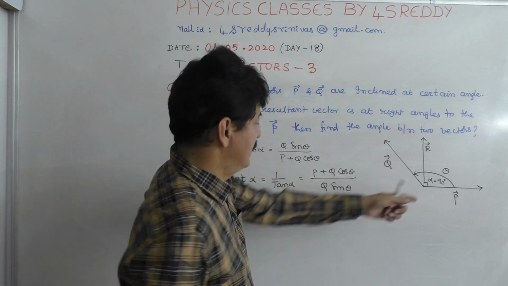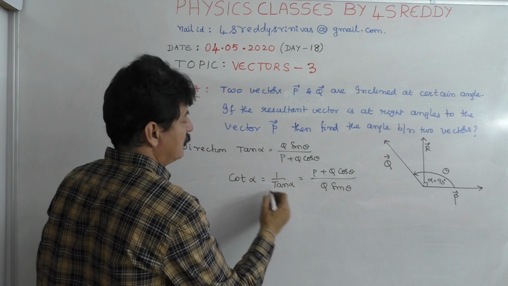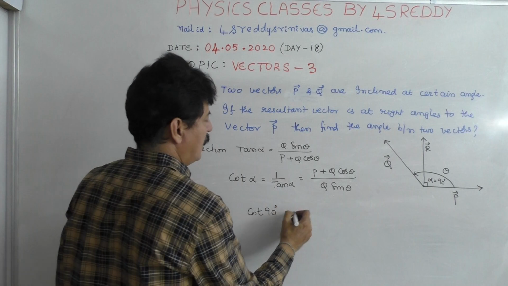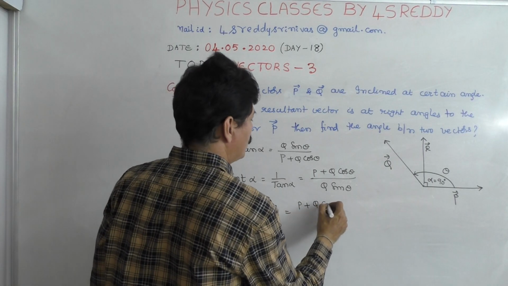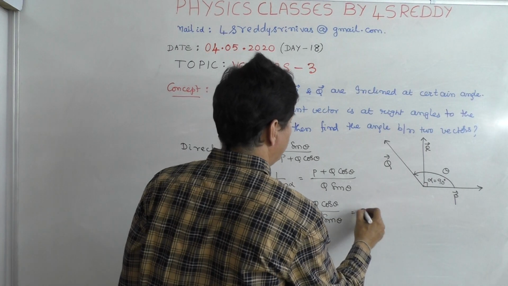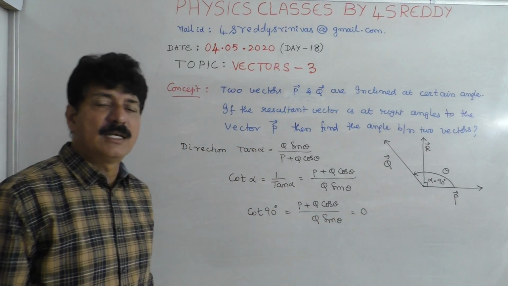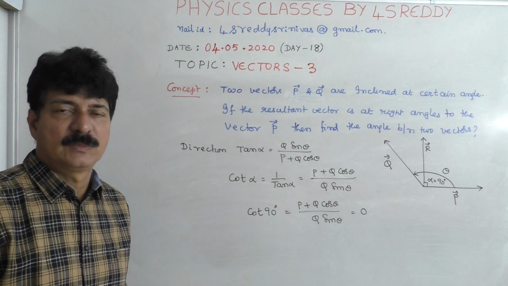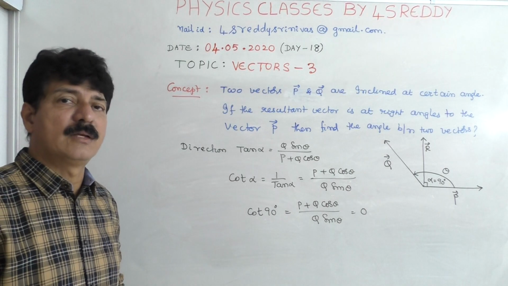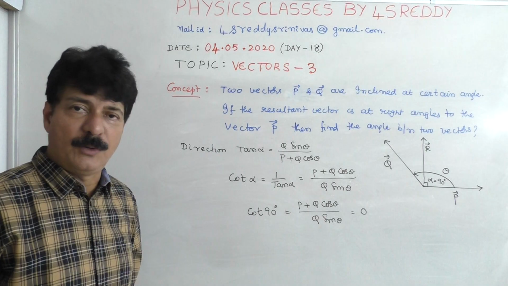Since alpha is 90, cot 90 is 0. Cot 90 is equal to P plus Q cos theta by Q sin theta. This should be 0 because cot 90 means cos 90 by sin 90, and 0 by something is 0.